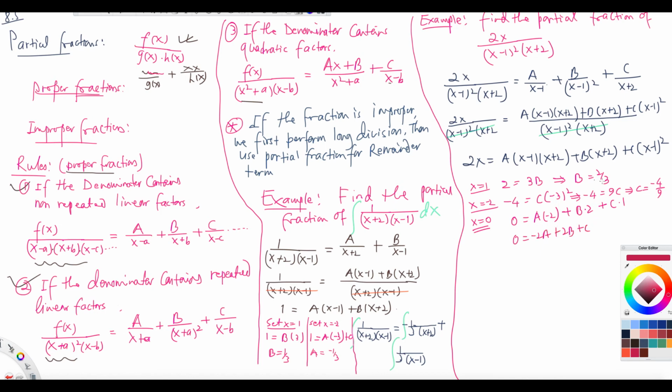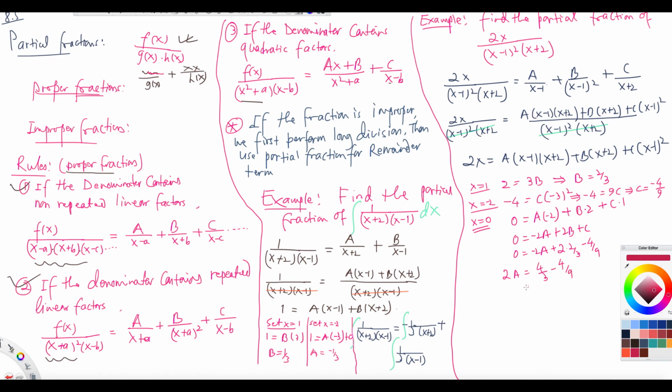Now plug in the values of b and c from there. So you get 0 equals -2a plus 2 times 2/3 plus, oh, it's minus, right? Because there is -4/9. Okay, now what do you get then? So let me move this 2a to the left side. 2a equals 4/3 minus 4/9.